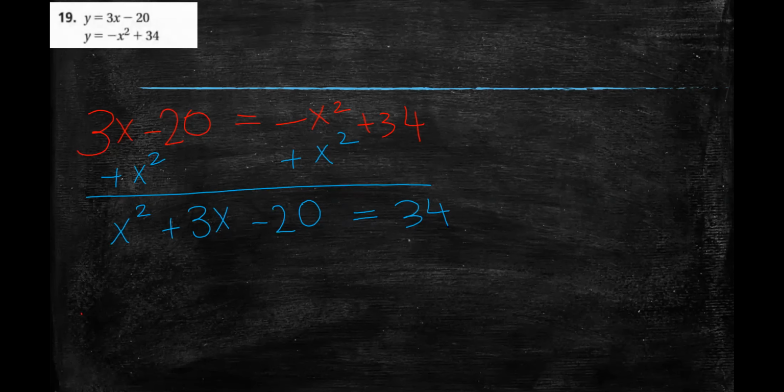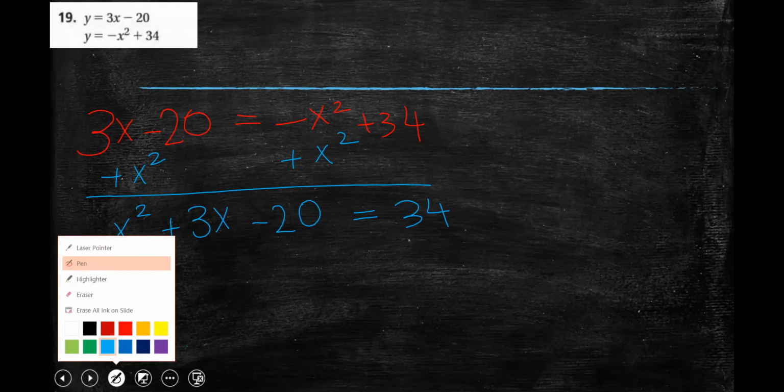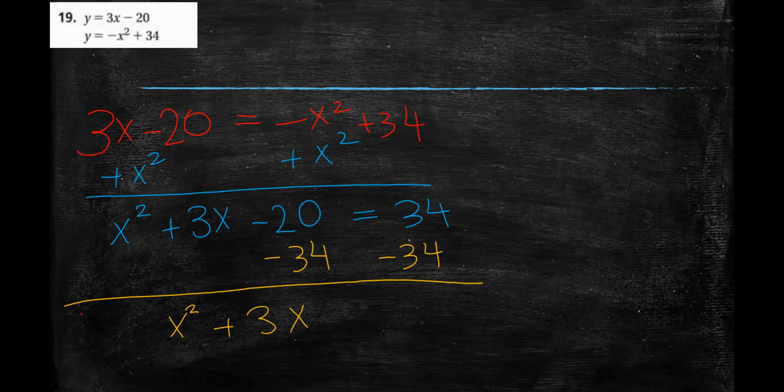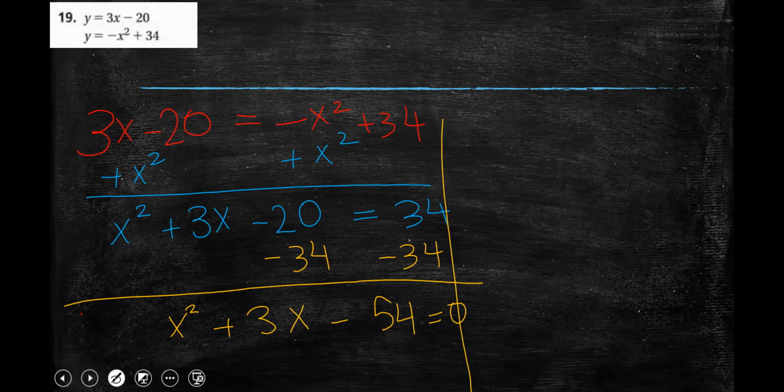I need now to move the 34 to the other side by subtracting 34. So x squared plus 3x, negative 20 minus 34 is negative 54, equals 0. Then I need now to factorize this equation.